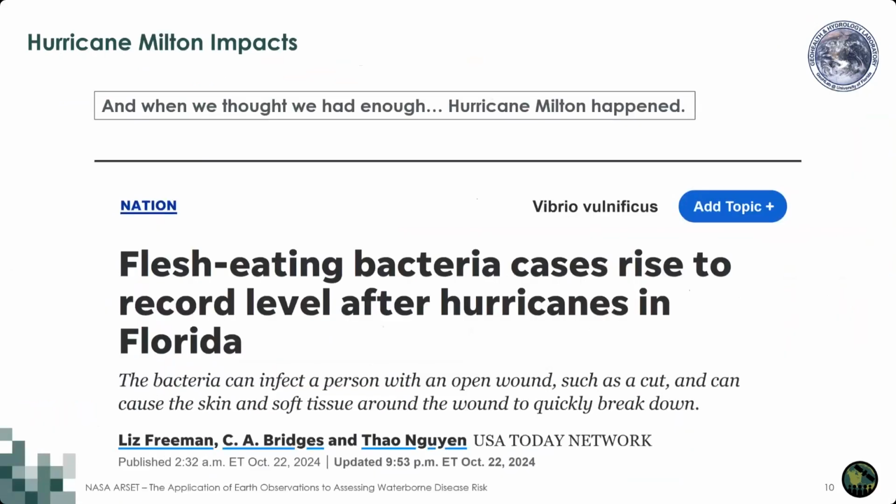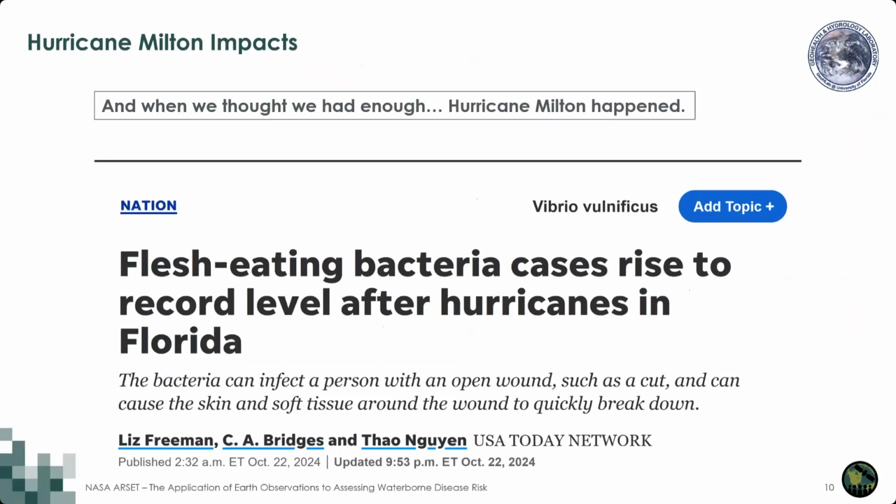Just last year, after Hurricane Milton, we saw a spike in cases of flesh-eating bacteria, and last year it was one of the deadliest outbreaks of these Vibrio vulnificus cases in the human population along the coast of Florida in the US.